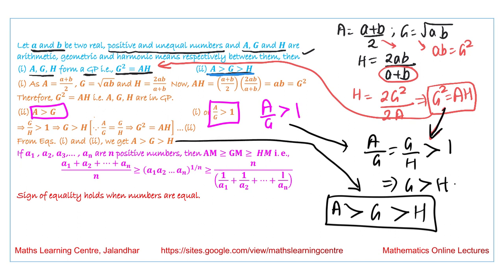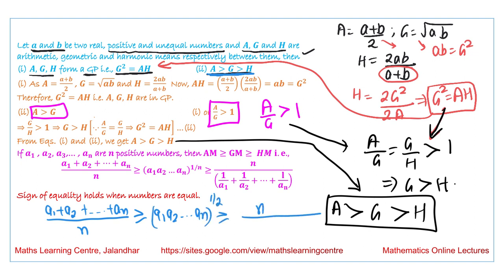This result can be written for n terms in the form: arithmetic mean, A1 plus A2 plus so on up to An, divided by n, is greater than or equal to the nth root of A1 into A2 so on up to An, which is the geometric mean of the n numbers, and this is greater than or equal to n upon (1 by A1 plus 1 by A2 plus so on up to 1 by An).